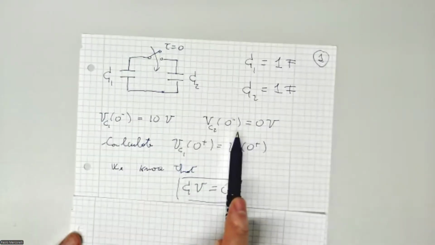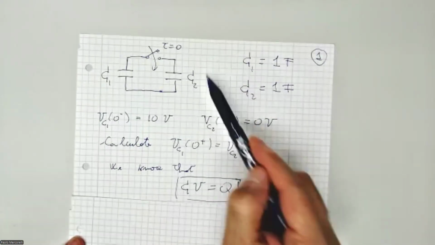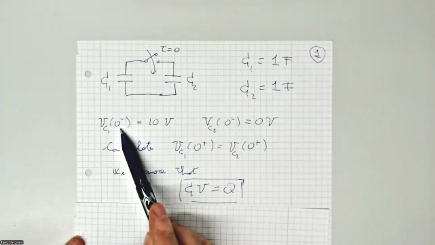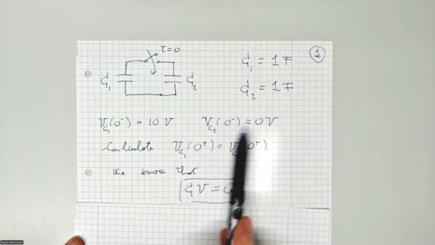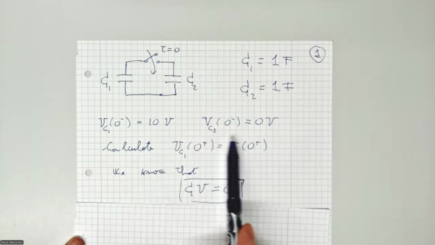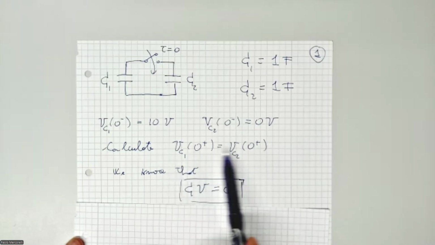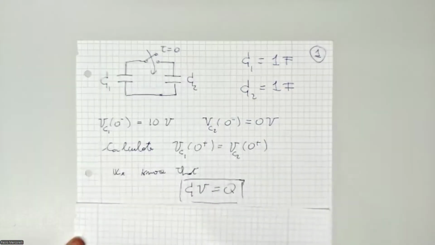Again, this is given, fixed, assuming that it doesn't change. We have the voltage at time 0 minus for C1, and the voltage at time 0 minus for C2. The question is, what is the voltage at time 0 plus? I don't need to specify which one because they are in parallel.